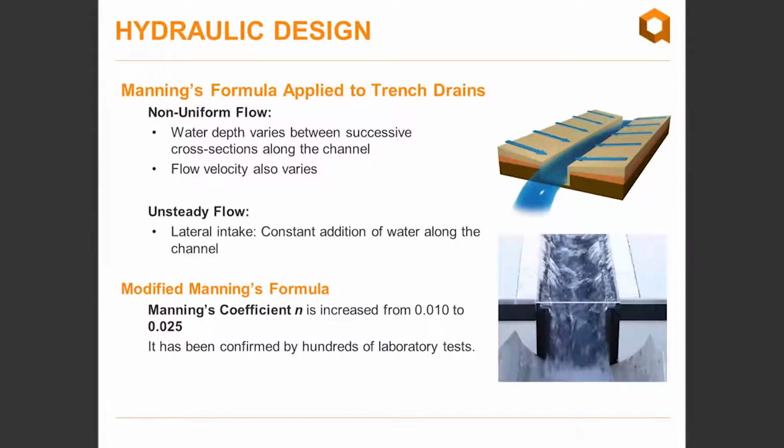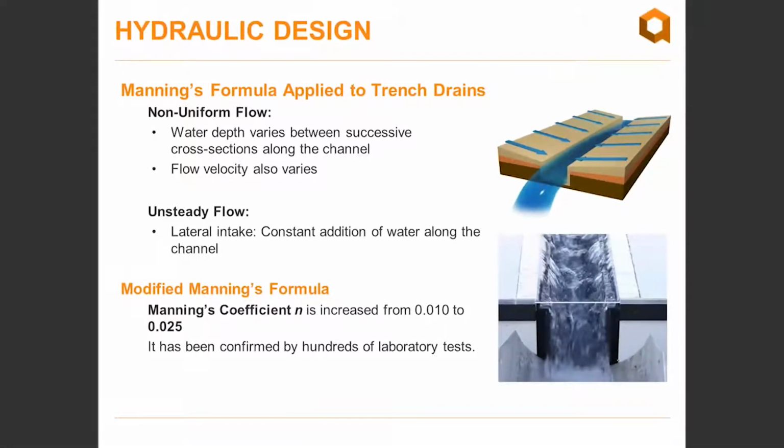Non-uniform, because the water depth will vary between successive cross-sections along the trench drain, and also the flow velocity will vary. It's a non-steady flow because we have lateral intakes, a constant addition of water along the trench drain. So that's why we need a correction because of those two facts.